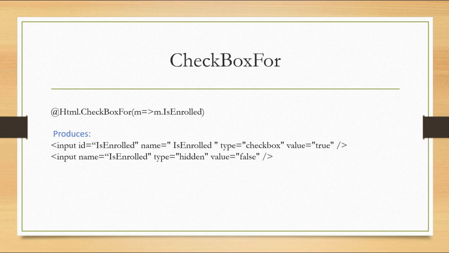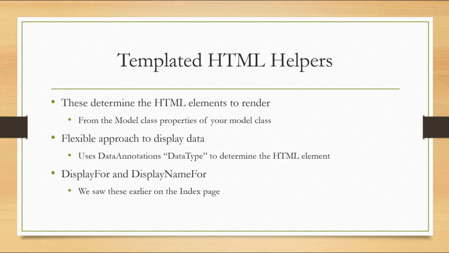So let's now look at some templated HTML helpers. These determine the HTML elements to render from the control itself. Remember how we did the model previously? We're using data annotations. So this will take advantage of the data annotations data type to determine the HTML element.